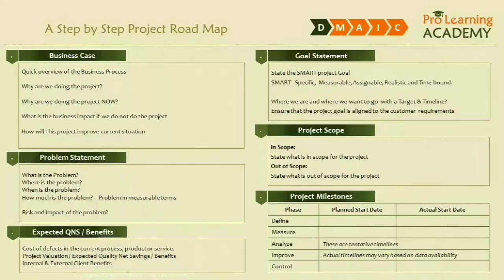It should have why we are doing the project. More importantly, we should be able to explain why we are doing it now. What is the business impact if the project is not done, and how will this project improve the current situation? This is all that should be covered in a business case.